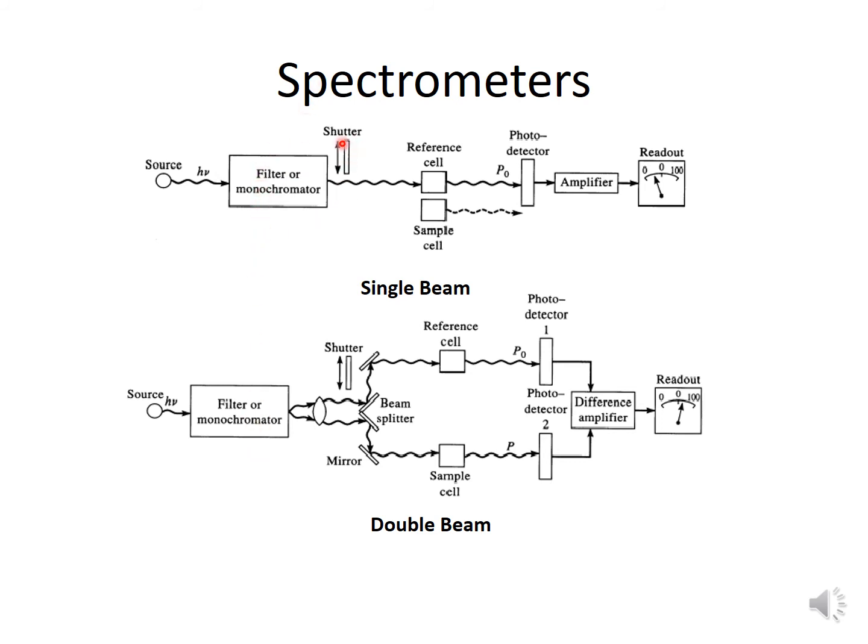And here you can see there will be a shutter, which is for the analysis to choose which light is supposed to be absorbed. And here you can see the lens, and this is for the double beam. So the shutter will shut either the reference cell or the sample cell.